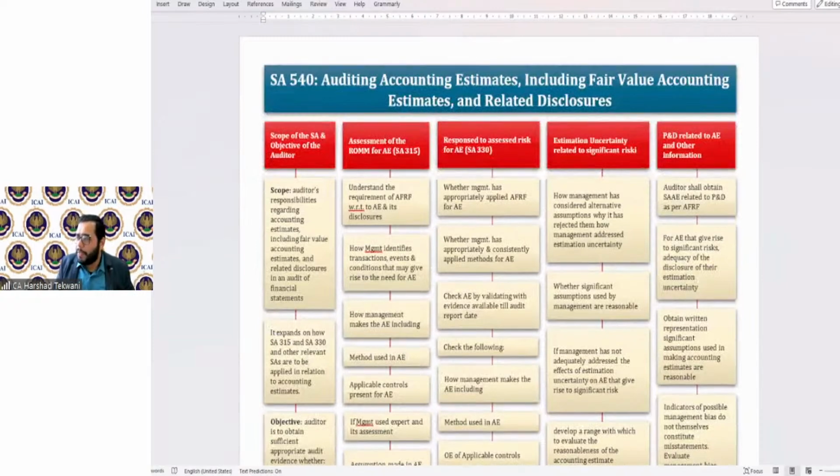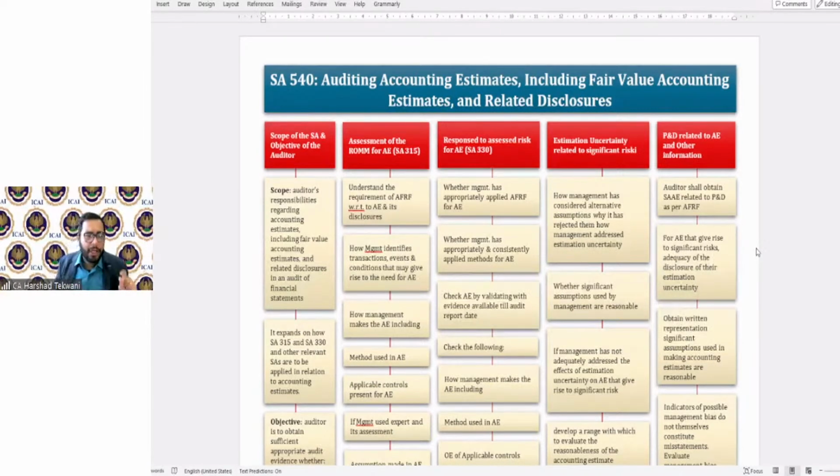Now, when I talk about estimates, what is basically the scope of this standard? The scope of this standard is the auditor's responsibility regarding the accounting estimates, including fair value estimates and related disclosure. Means it specifically helps the auditor with respect to the application of SA 315 and SA 330.